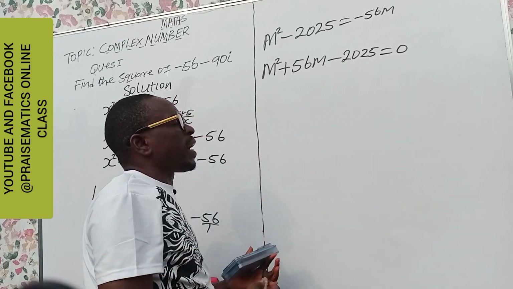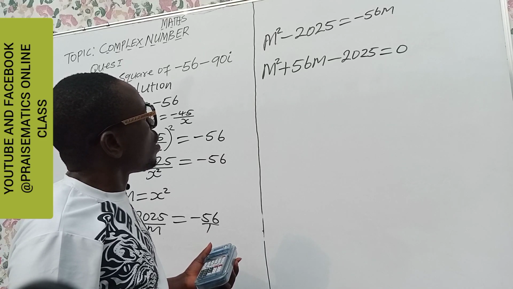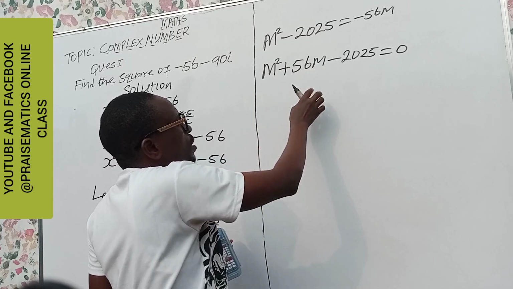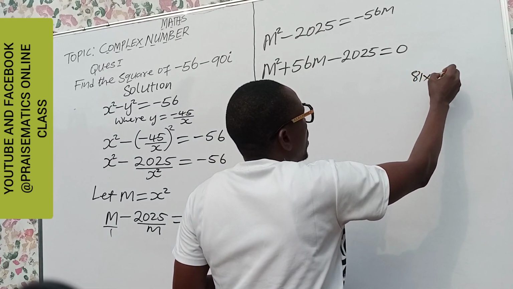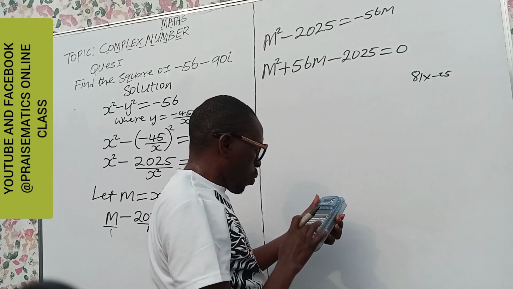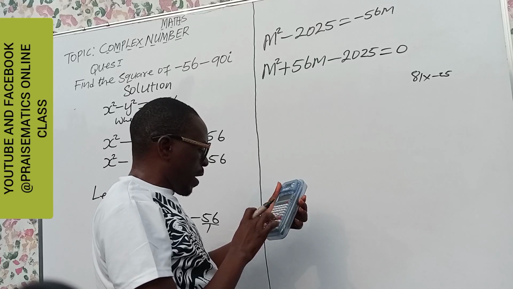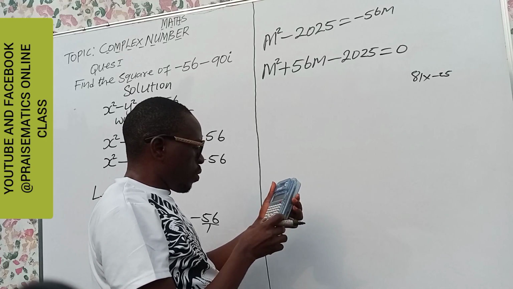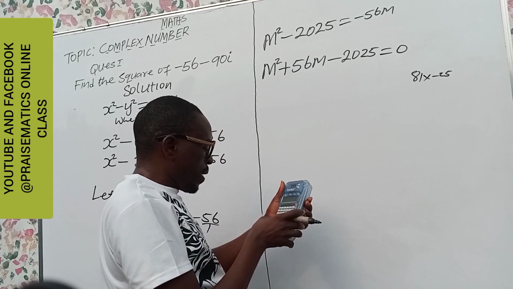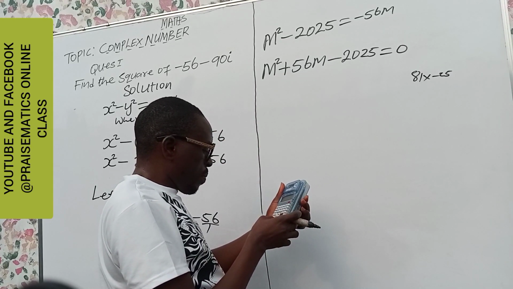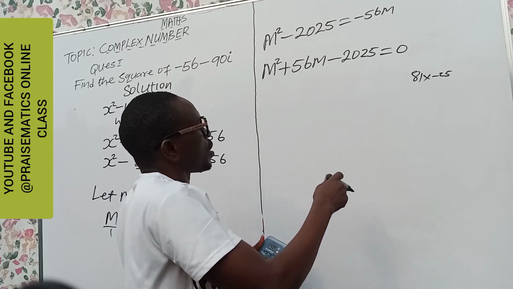Let's look at 81 multiplied by minus 25. 81 multiplied by 25 will give us 2025, minus 2025. When you add them, 81 minus 25, what do we get? Okay, so that is the factor.